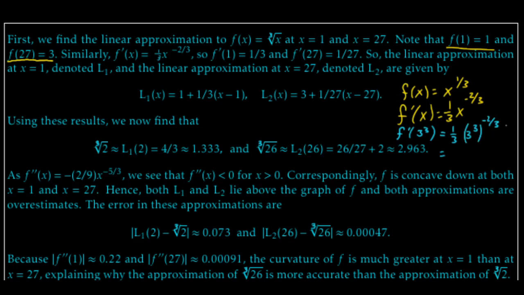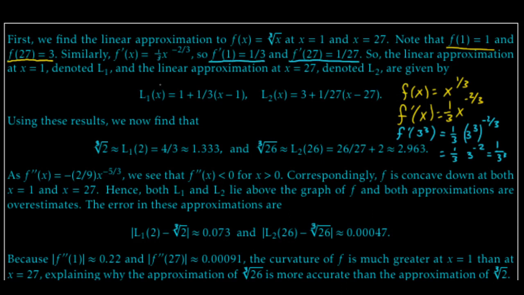This third and this minus 2/3, what I'll get is 1/3 times 3 to the minus, what? Is it going to be to the minus 2? Yes. So this will be 3 to the minus 2, that's 1/9. 1 over 3, I could rewrite that as 3 to the minus 1. This is really 1 over 3 to the third. And as we know, 3 to the third is just 27. So f prime of 27 is 1/27th, and f prime of 1 is 1/3.